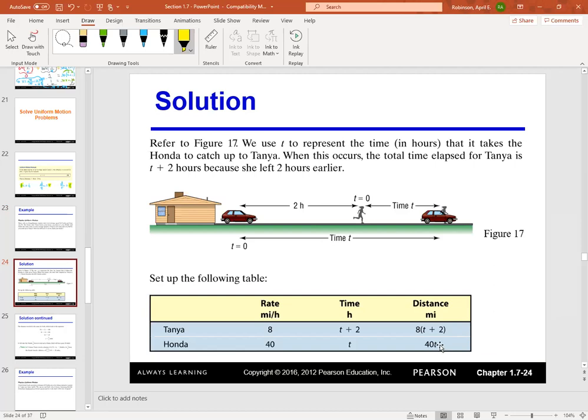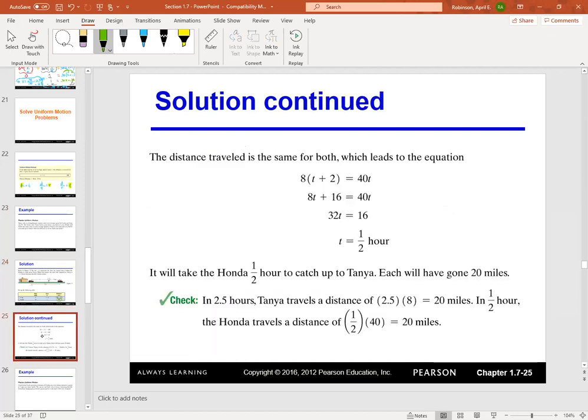And of course, we know that the distances are the same, so we're going to set them equal to each other. This is the distance that Tanya goes, and this is the distance that the Honda goes, and they go the same distance.